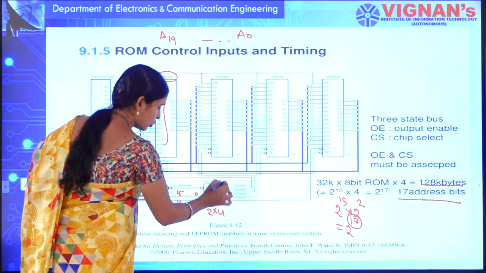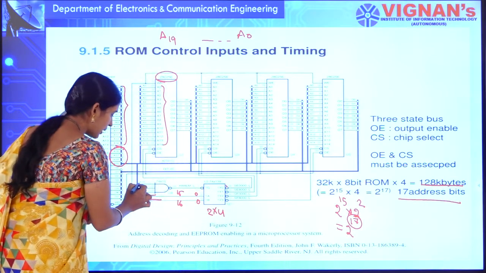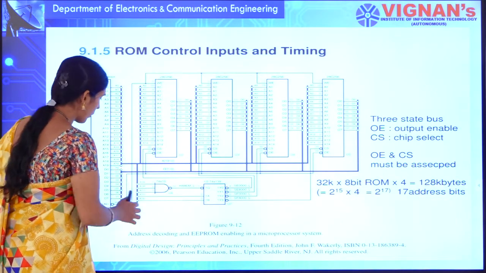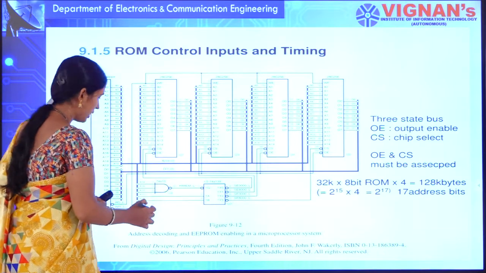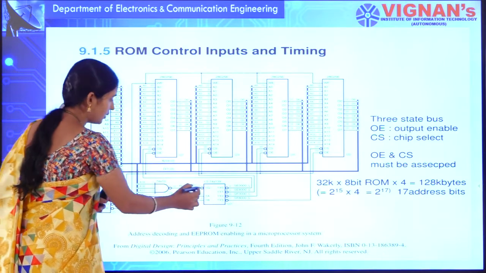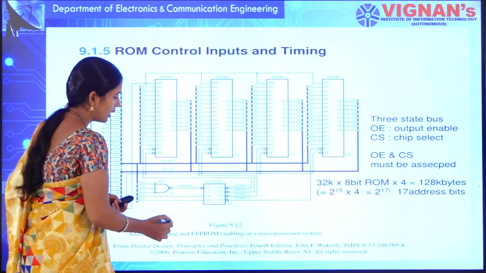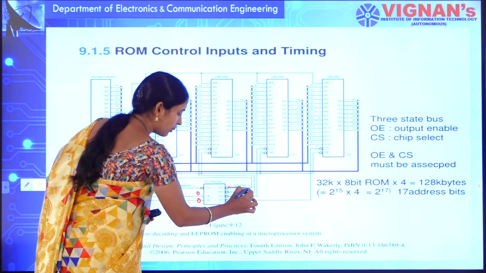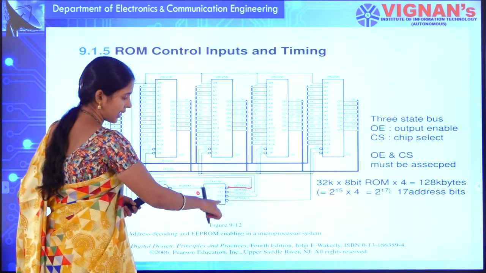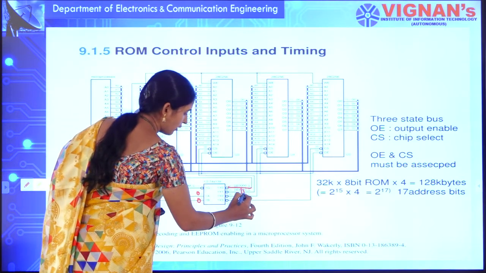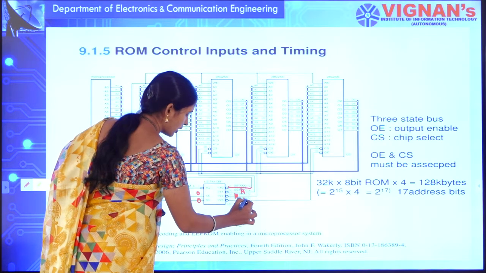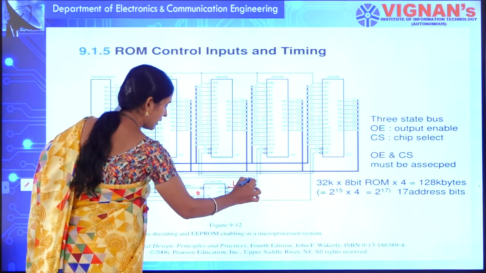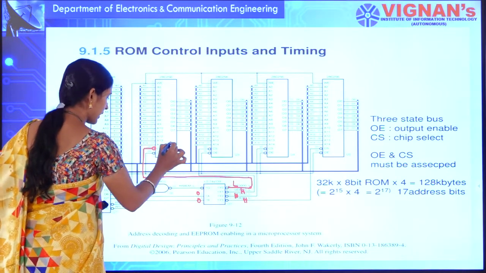At the same time the other 3 lines, 17, 18, 19, will be provided to the NAND gate, which is given as an enable to the decoder. Depending upon your input only one output line will be activated low, as they are active low pins, and the remaining will all be active high. Okay. Only one will be active low, and this one will be given to your chip select.